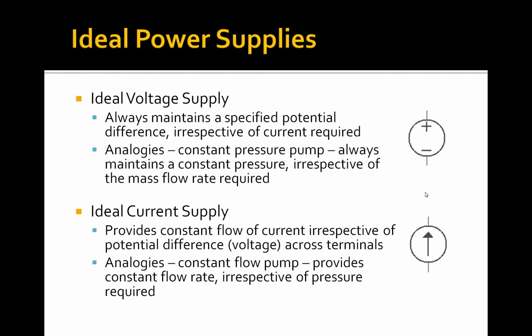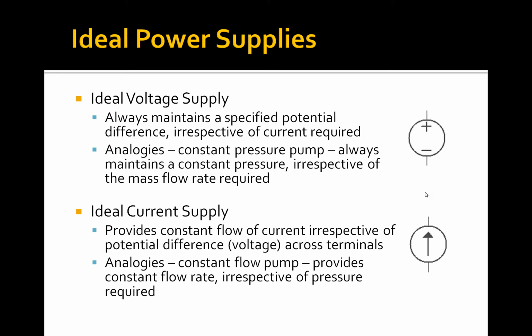We also need to touch on the concept of ideal power supplies. In this class, initially we're going to be using a number of abstractions. Actually, all throughout our circuit analysis we're going to be using this principle of abstraction, where we represent elements and behaviors using ideal elements.